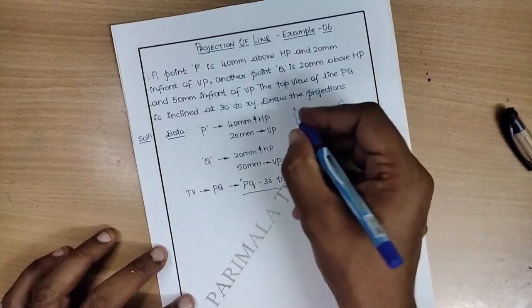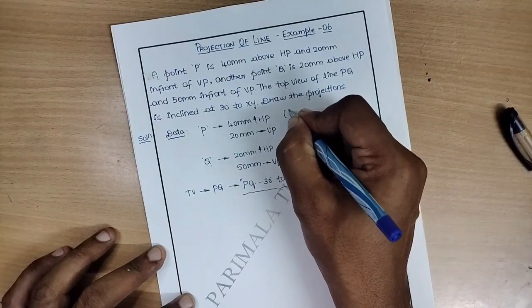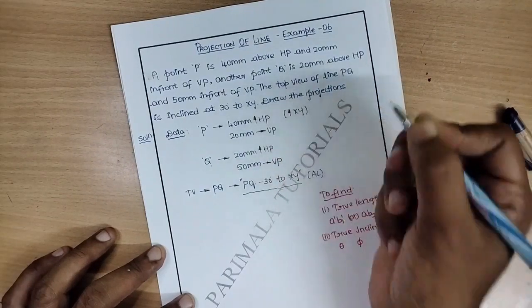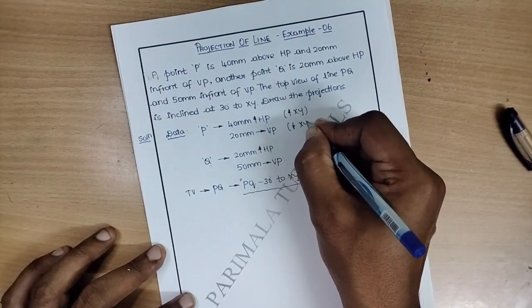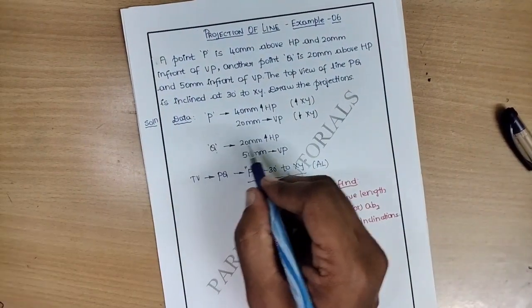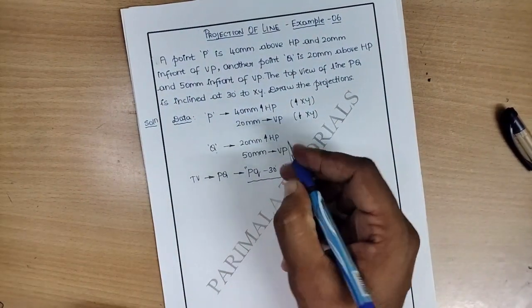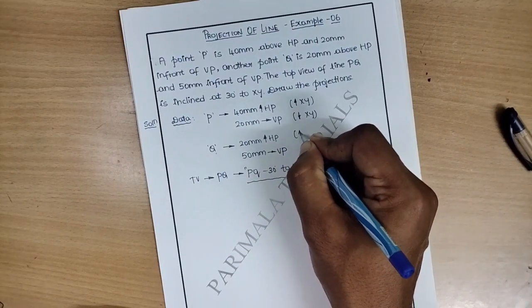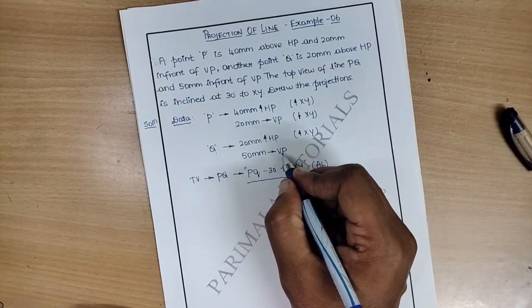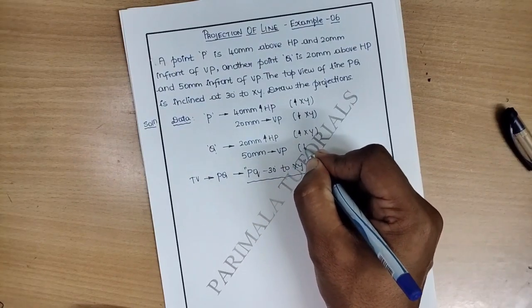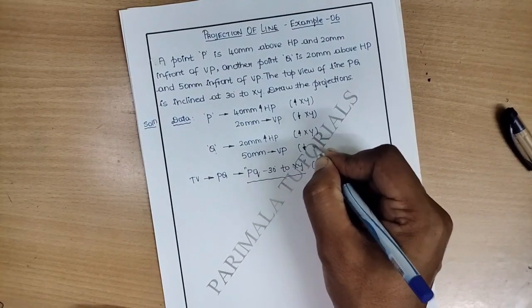So 40 mm above the horizontal plane means it has to be drawn above the XY line. 20 mm in front of the vertical plane comes below the XY line. Similarly, 20 mm above the horizontal plane has to be plotted above the XY line, and 50 mm in front of vertical plane will come below the XY line.